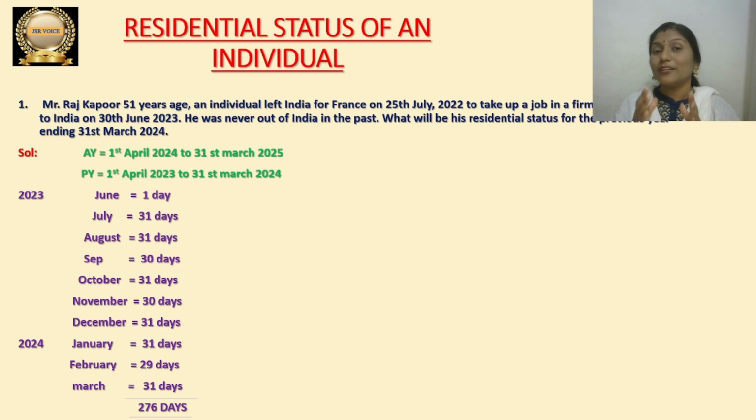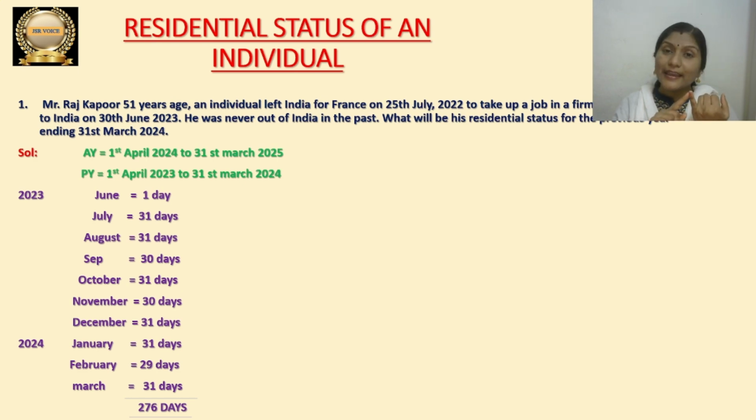For general category assessees, basic conditions are different. For special category assessees, basic conditions are different. A little change is there in that. But for both special as well as general category assessees, additional conditions are the same. Whenever we determine residential status of an individual person, first we take into account basic conditions, next we consider additional conditions.